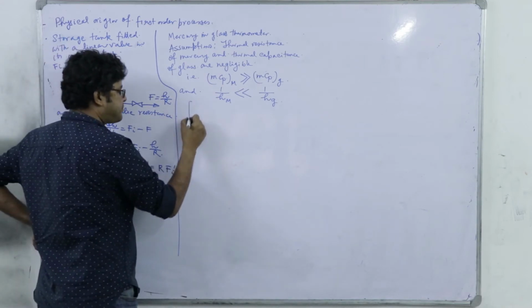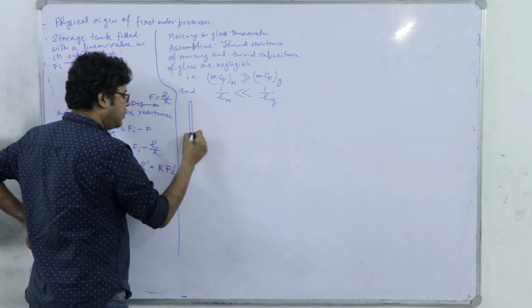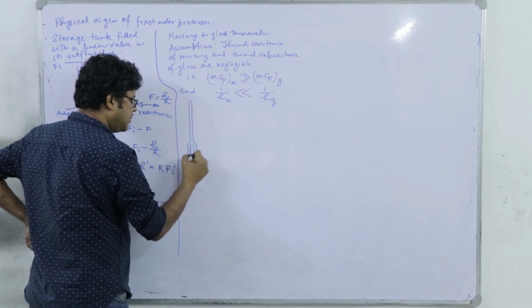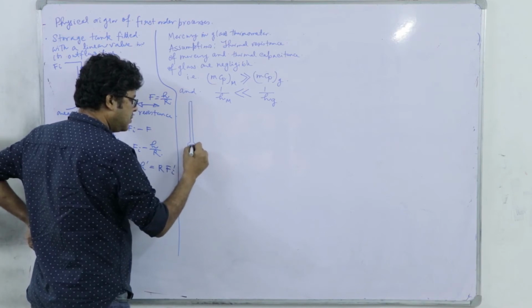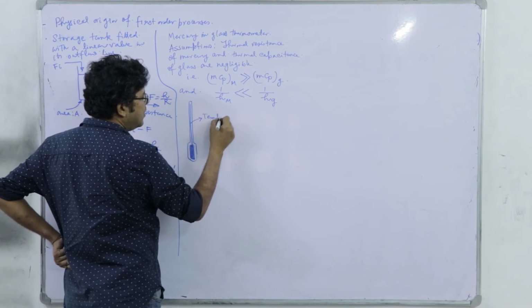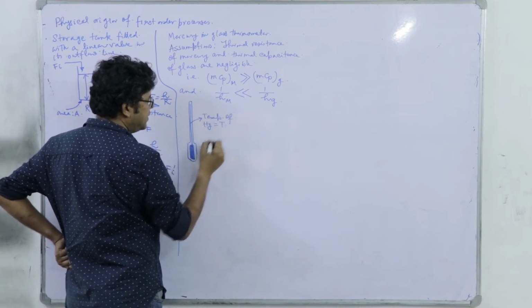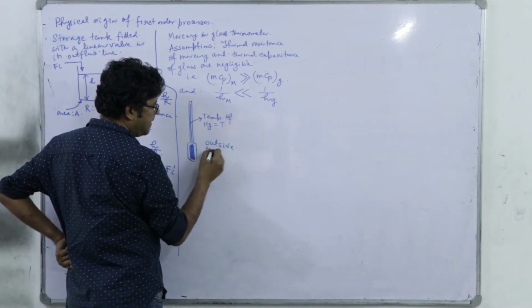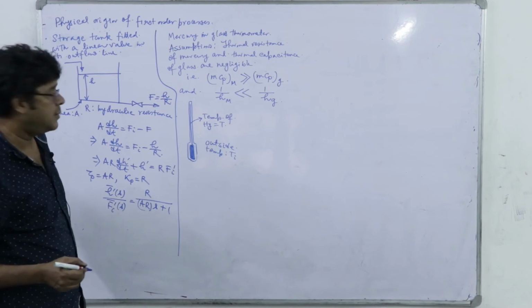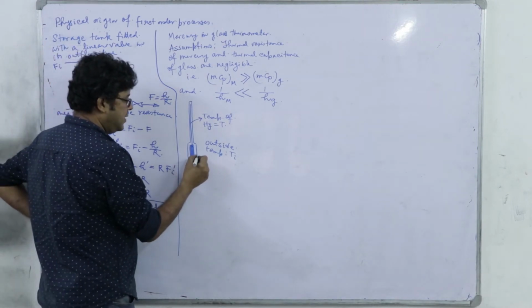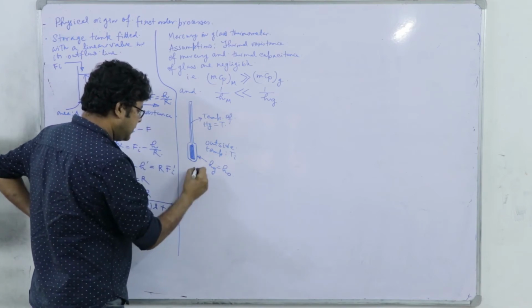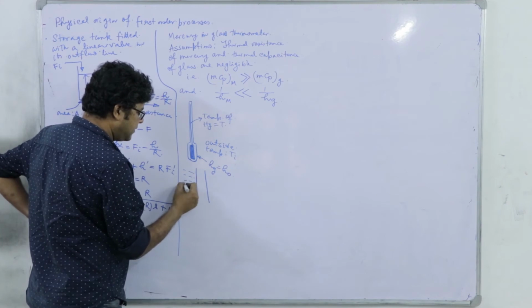So if I have this thermometer, the temperature of mercury is T, and the outside temperature is Ti. If I enlarge this, this is glass.